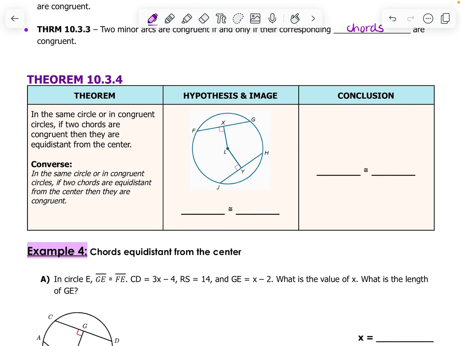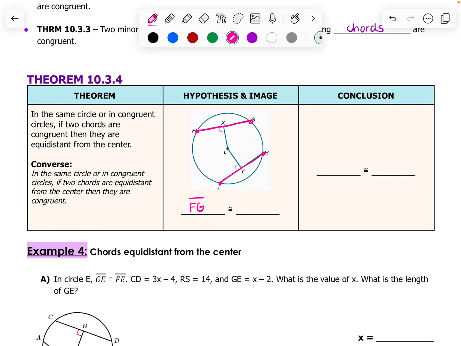This first theorem says, in the same circle or in congruent circles, if two chords are congruent, then they are equidistant from the center. So, what we're saying here is segment FG is congruent to segment JH, and those are chords.